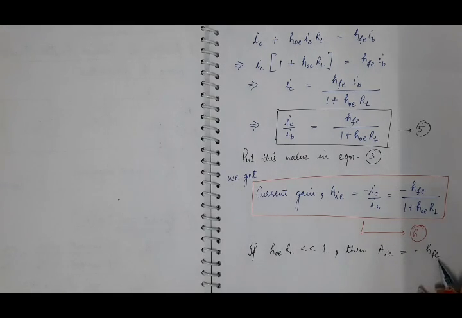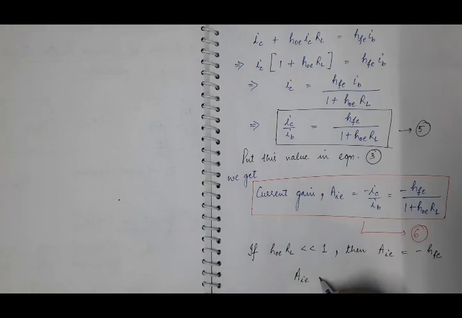And what is this HFE? It is the forward current transfer ratio, the ratio of output current to the input current. And in case of a transistor, the ratio of output current to the input current is the current gain. And in case of a common emitter amplifier, that is beta. So AIE will be equal to minus beta.